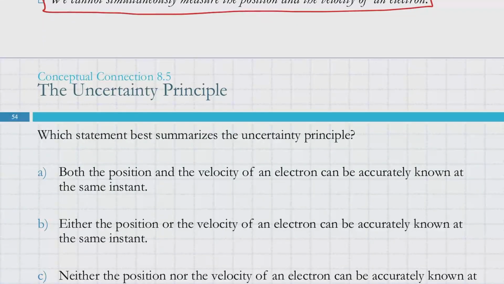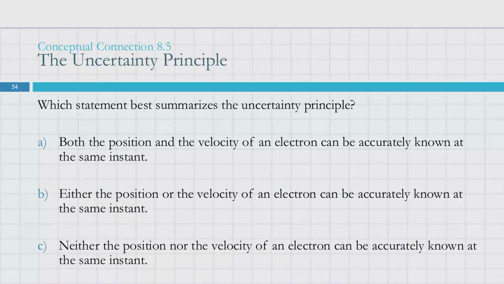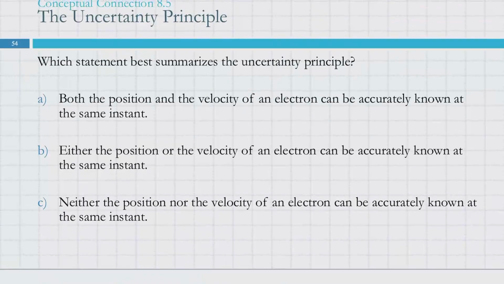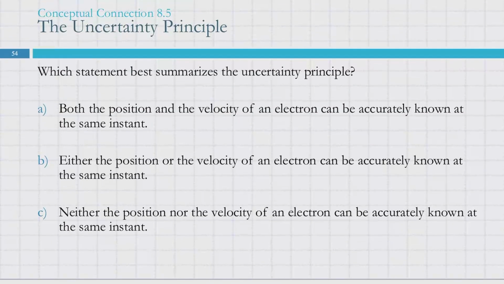Which of these statements best summarizes that uncertainty principle? A: Both position and velocity can be accurately known at the same instant. B: Either position or velocity can be accurately known at the same instant. C: Neither the position nor the velocity of the electron can be accurately known at the same instant. There's one of these that it's not.